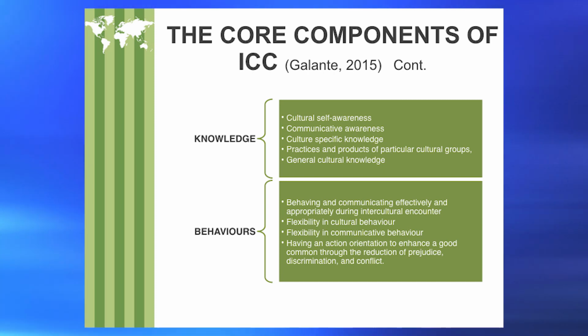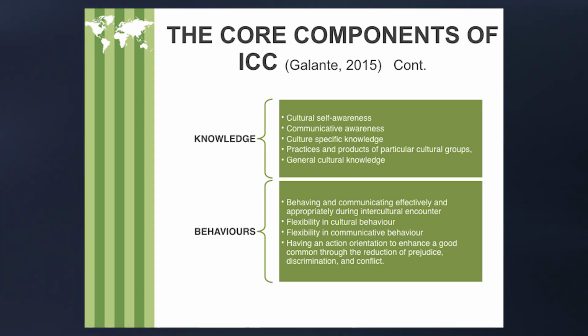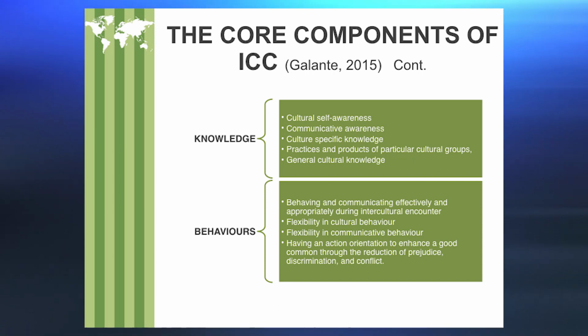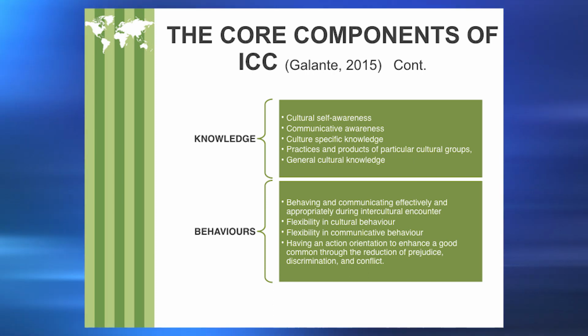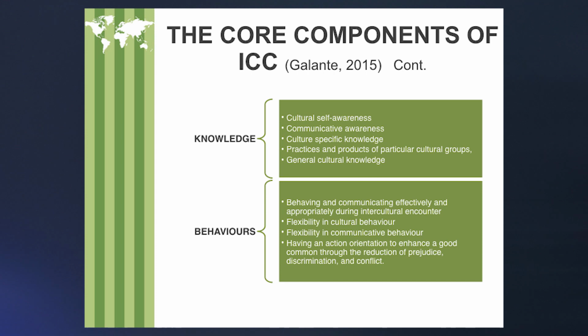And the fourth, behaviors: behaving and communicating effectively and appropriately during intercultural encounters, flexibility in cultural behavior, flexibility in communicative behavior, and having an action orientation to enhance the common good through the reduction of prejudice, discrimination, and conflict.